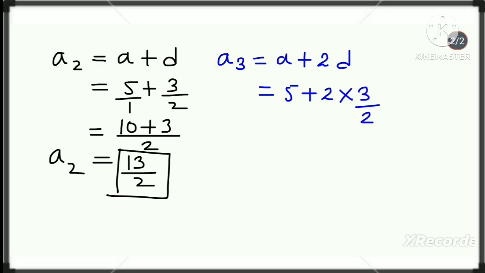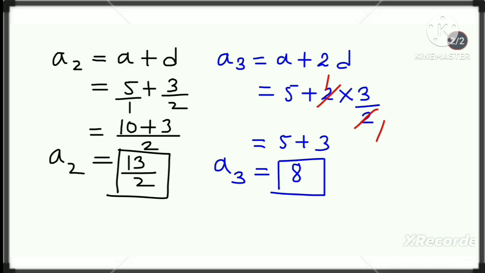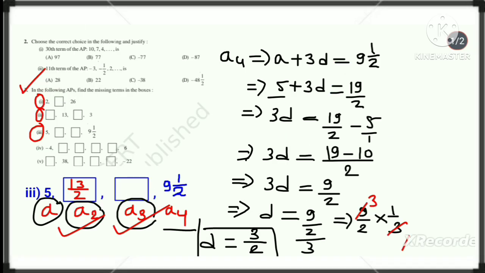Now 2 ones are 2, 2 ones are 2, and here remains 5 plus 3, then finally a3 equal to 5 plus 3, 8. In this way we have obtained a3 equal to 8. Let's fill it in over here. a3 equal to 8.